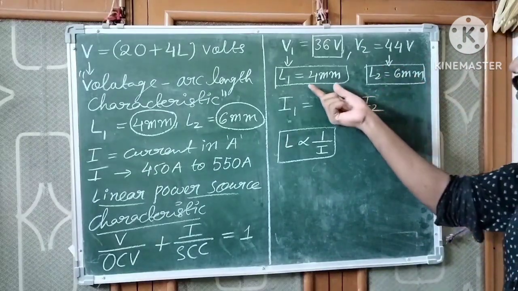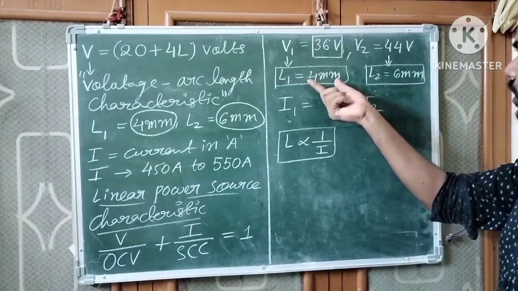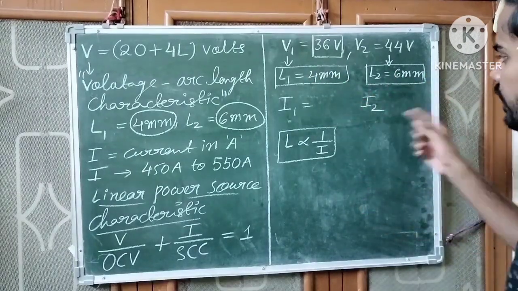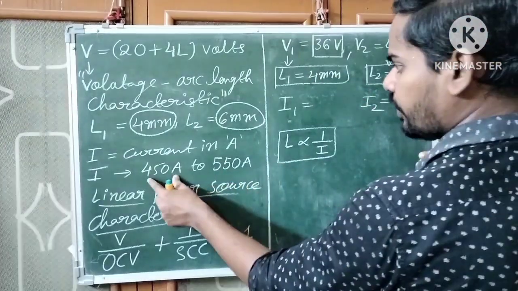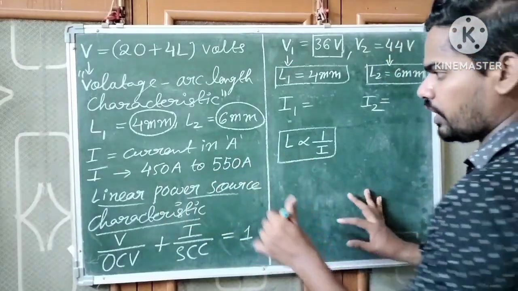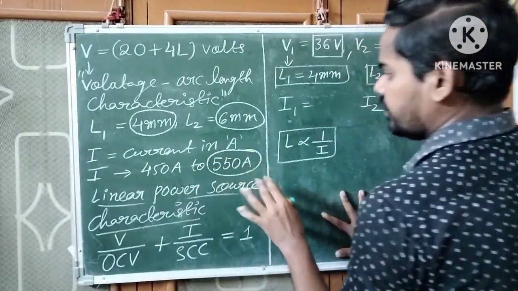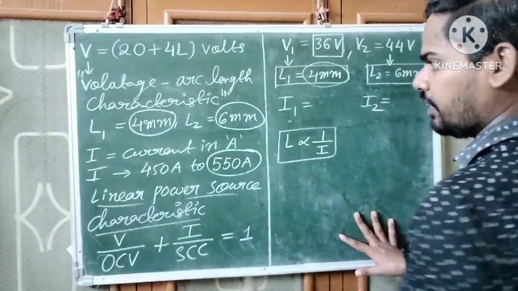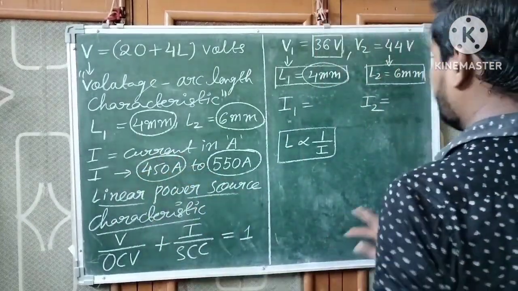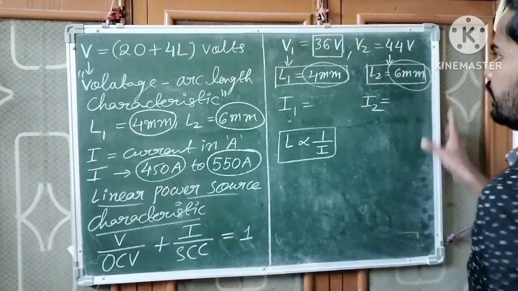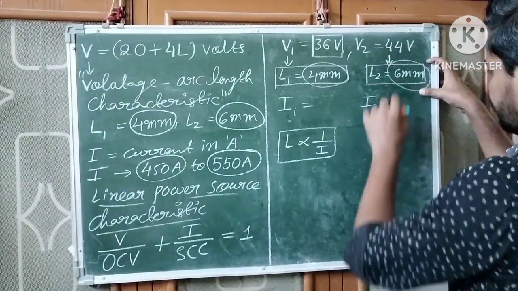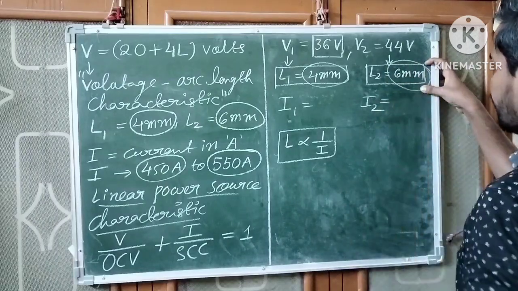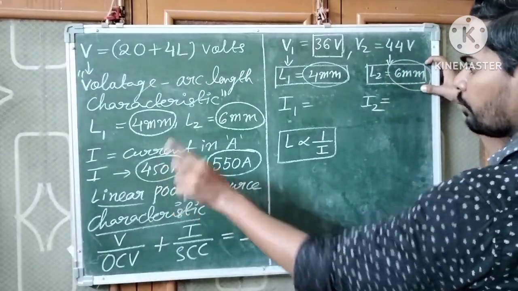So to produce L1 equal to 4 mm and L2 equal to 6 mm, the current varies from 450 amperes to 550 amperes. At a higher current we get less arc length, the minimum arc length. At a lower current we get the maximum arc length. So to produce maximum arc length, we have to supply minimum current.